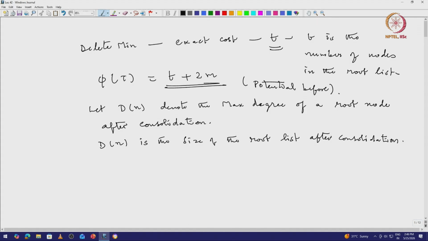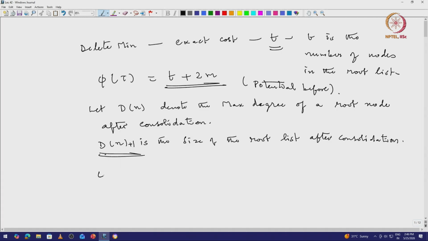Well, dn plus 1 we can say. Dn plus 1 is the size of the root list because all roots have distinct degrees. So, there can be only one tree with the degree 0, one with the degree 1, only one with the degree 2. So, that way you may have only dn plus 1 trees after the operation.